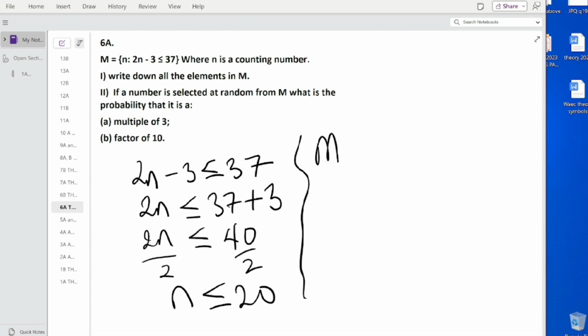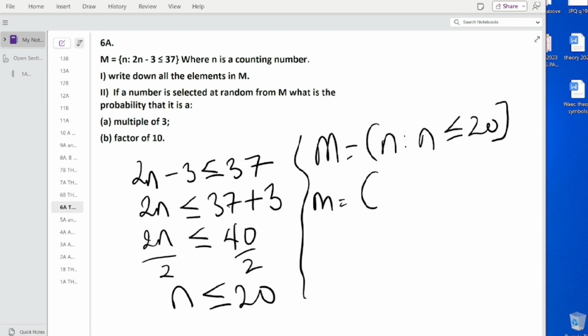So our M is equal to n, where n is less than or equal to 20. So our M will be all numbers, since they are counting numbers, which are all positive numbers, excluding 0 and negative numbers.